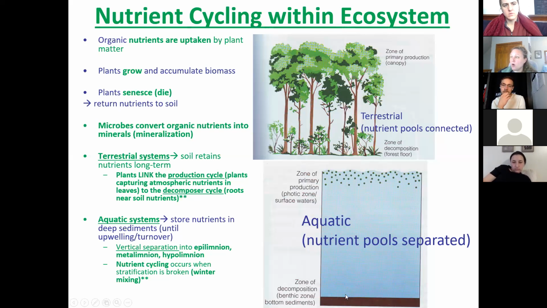If we're in the aquatic system, the sediments and where the plants are photosynthesizing are totally spatially separated, okay? There's no connection. The roots and the tree above where all the photosynthesis is occurring are not connected. You have floating phytoplankton and algae up here, only in the photic zone. You hardly have anything going on in the middle. Down at the bottom in the sediments, you have decomposition occurring.